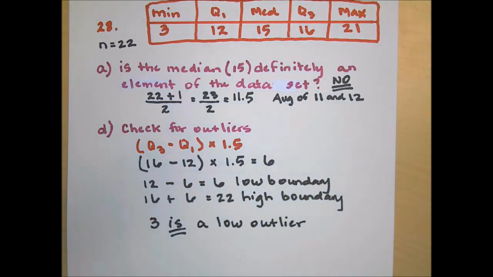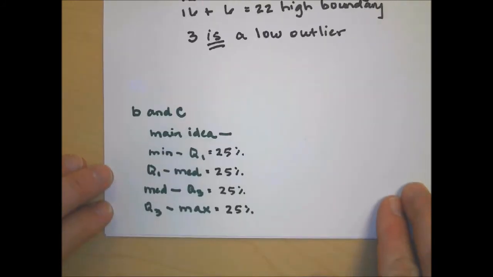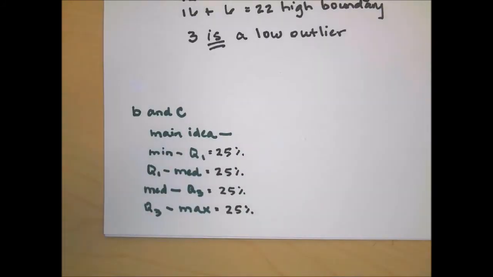Now, you'll notice I didn't do B and C. The reason I didn't do B and C is because the numbers are a little bit ugly, but let me show you the main idea of what B and C are. The main idea is that a 5-number summary or a box and whisker plot breaks the data up into approximately 4 sections. The lowest number to the first quartile is approximately 25% of the data, as is the first quartile to the median, as is the median to the third quartile, as is the third quartile to the max.